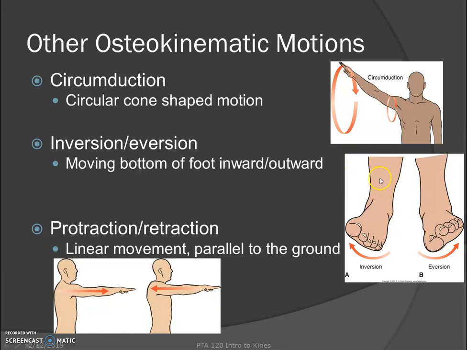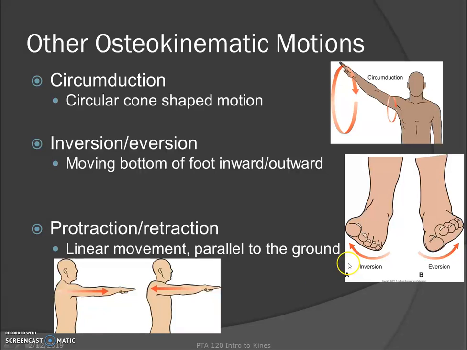I know we only have a foot and an ankle here, but if this is the midline of the person's body, this is medial, this is lateral, the bottom of the foot is moving inward, that is inverting. If the bottom of the foot is moving outward, we are everting. It is all relative to the sole of the foot, relative to the midline of the individual.